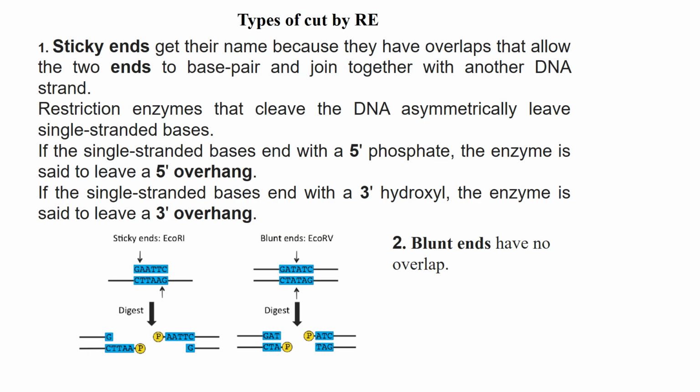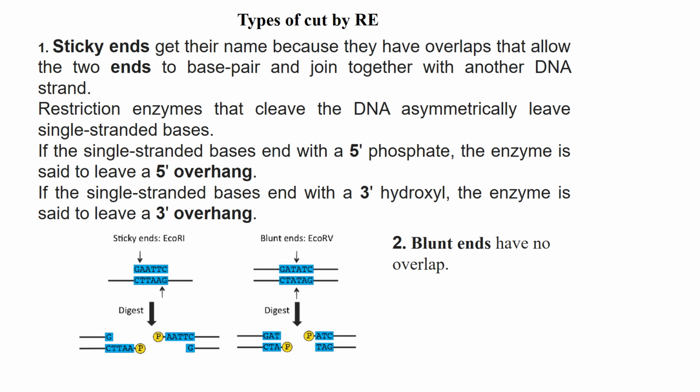The sticky end cut gets its name because they have overlaps. You have seen in the previous figure the overlapping portions are there, and the restriction enzyme cleaves asymmetrically. This is the normal DNA. When you allow Eco R1, it digests the DNA and produces a sticky end cut.